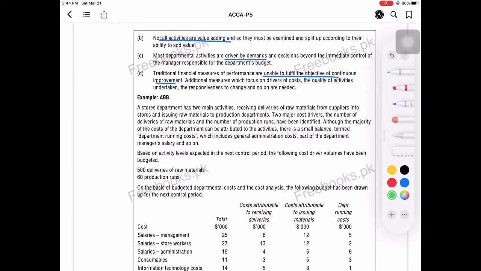Okay, the D point: traditional financial measures of performance are unable to fulfill the objective of continuous improvement. Additional measures which focus on drivers of cost, the quality of activities undertaken, the responsiveness to change, and so on are needed.